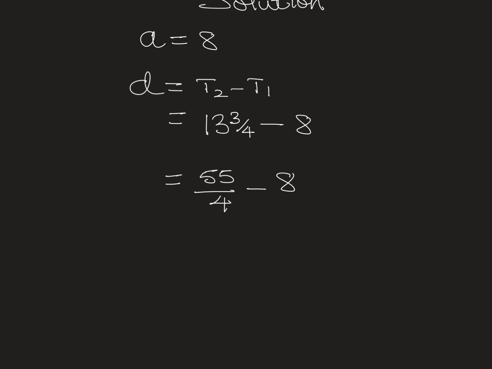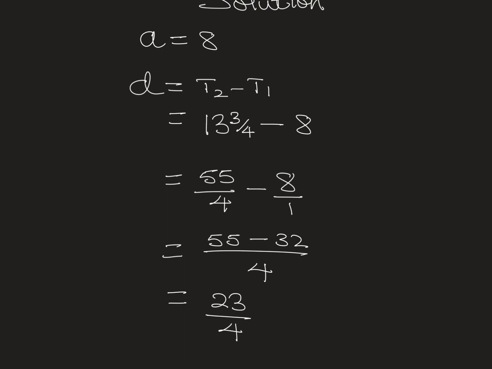This minus 8 is the same as minus 8 over 1. We can find the LCM, which is 4. 4 into 4 is 1. 1 times 55 is 55, minus 1 into 4 is 4, times 8 is 32. So 55 minus 32 is 23 over 4.